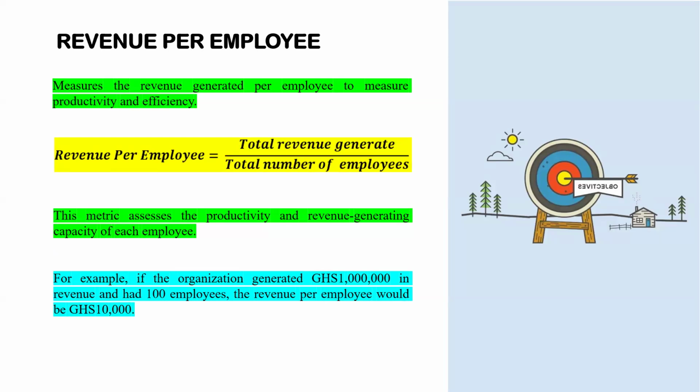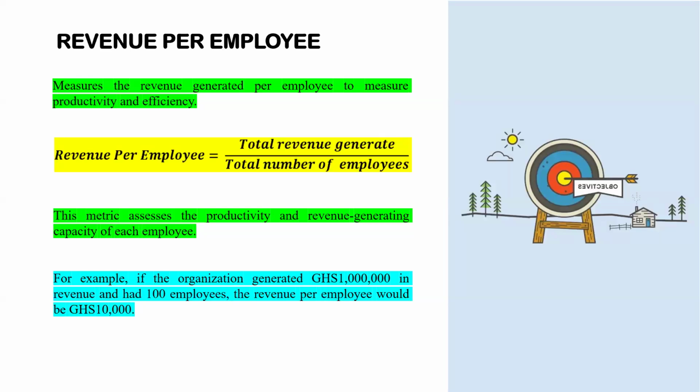Then the revenue per employee is just 1 cedi. I don't know if I'm doing the computation right. If you have 5,000 cedis revenue and 5,000 workers, then on average, every worker is bringing 1 cedi. That is the implication. So this metric assesses the productivity of each employee.